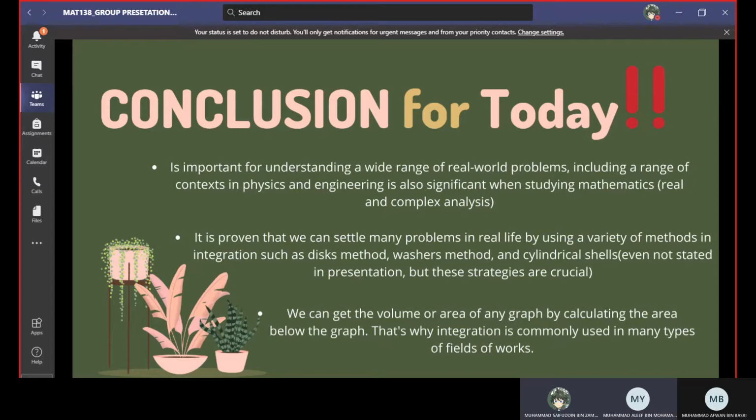It is proven that we can settle many problems in real life by using a variety of methods in integration, such as the disc method, washer method, and cylindrical shell, which was not stated in the presentation, but these strategies are crucial. We can get the volume or area of any graph by calculating the area below the graph. That's why integration is commonly used in many types of fields of work.